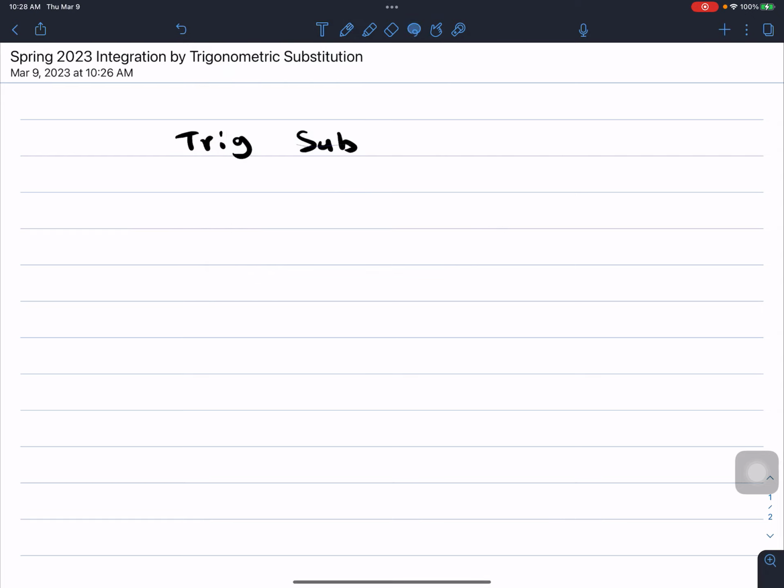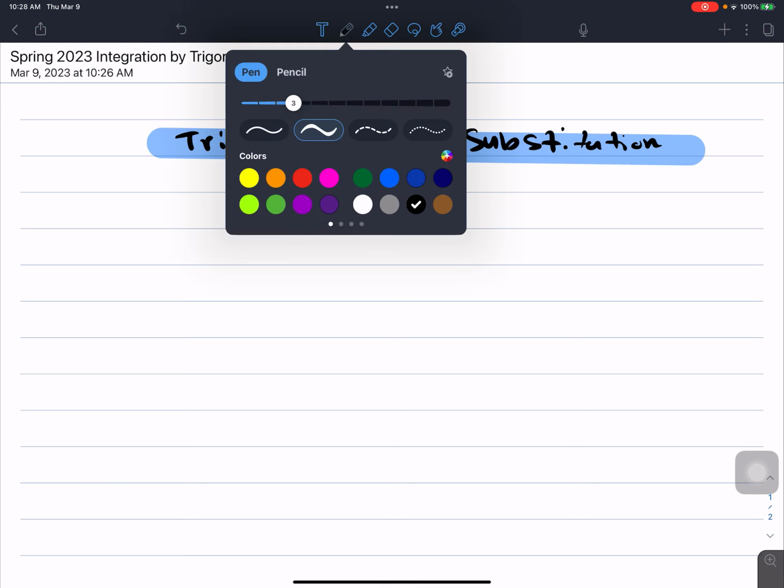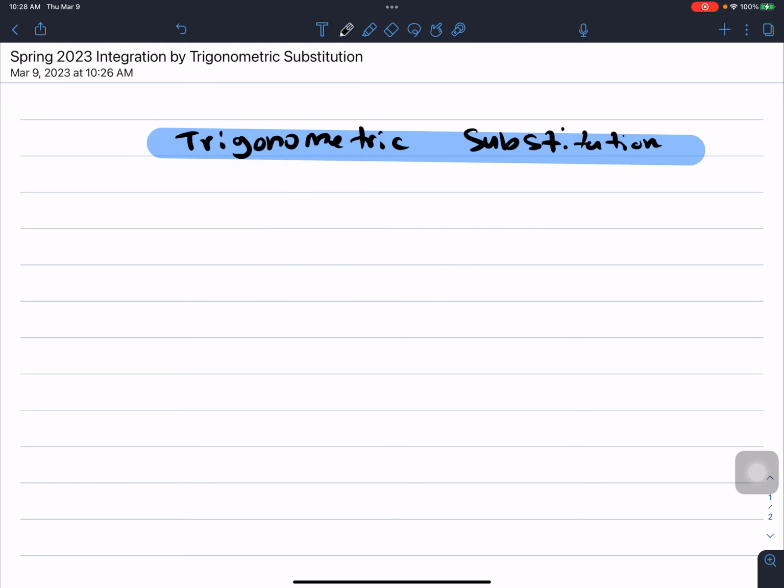Well, let's spell it all out. Trigonometric substitution. So you might say, when do I use a trig sub?